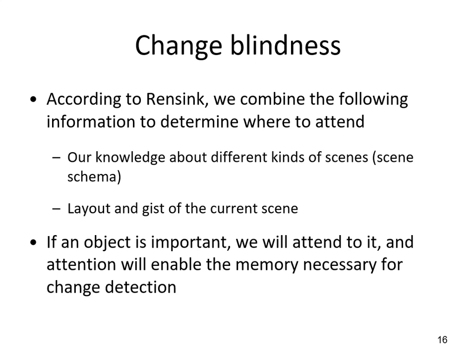So therefore, the determinant of change blindness is not only bottom-up attention, but also top-down attention, whether the change involves an important or an unimportant object. How do we decide which object is important? Well, it's actually based on our experience, based on our knowledge, right?